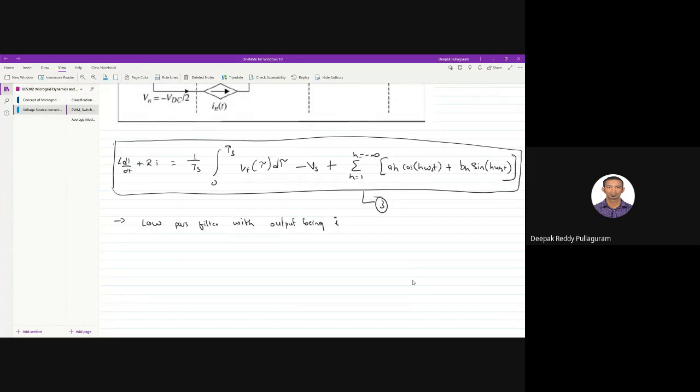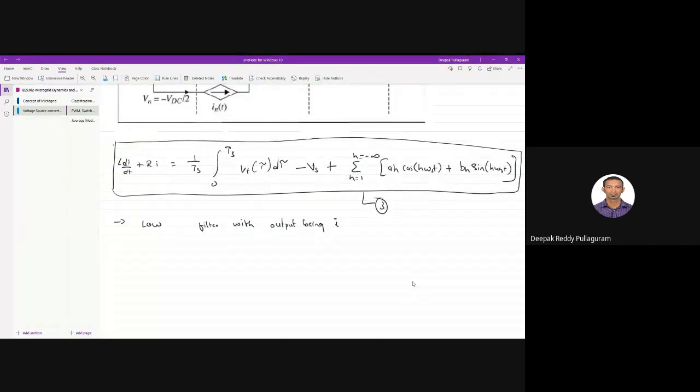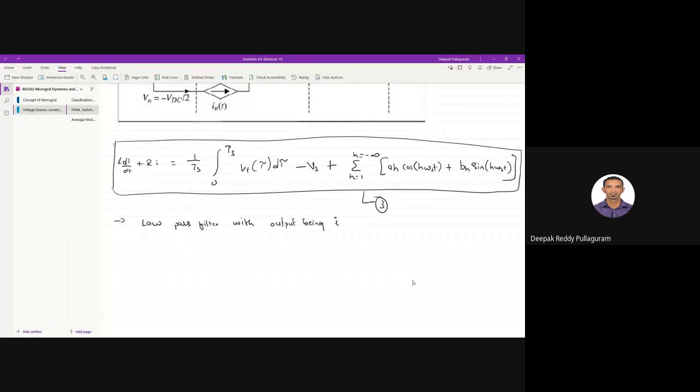Is this statement valid? I need some feedback from your side too. Does this statement look familiar, or does it look weird? If it looks weird, tell me why.